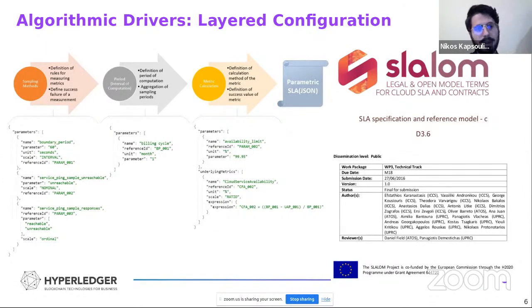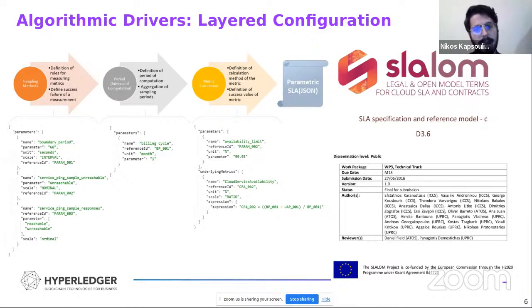This kind of software is called the algorithmic drivers, which have a layered configuration, as we're going to explain. The layered configuration is the individual parts that compute, that define, that sample, in the sense that they measure the metrics and come up with a result.